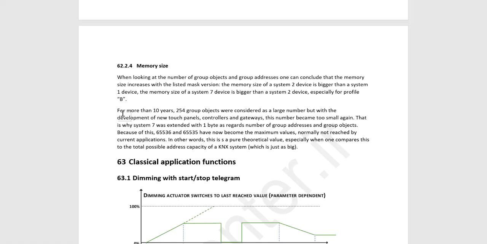So the point is, in B4 the memory size was limited, and after that, because of the market needs, the project needs, and the hardware prices not being so high nowadays, the memory size has been increased, and nowadays you can have more than 60,000 group addresses in the devices.